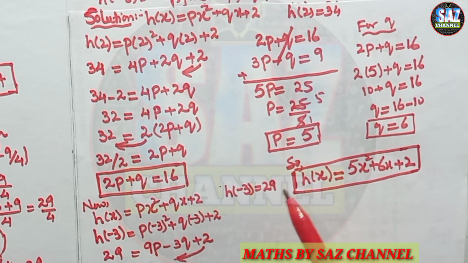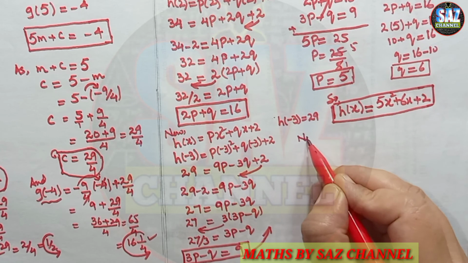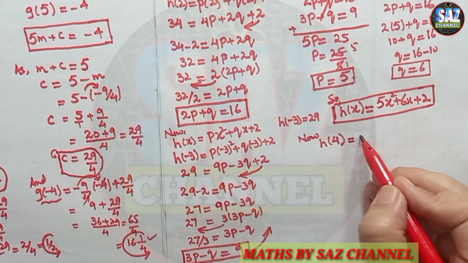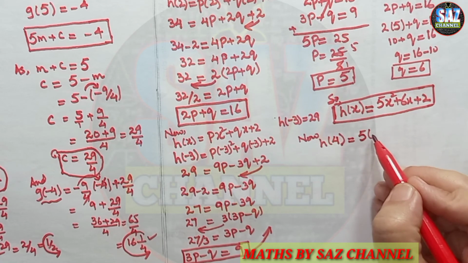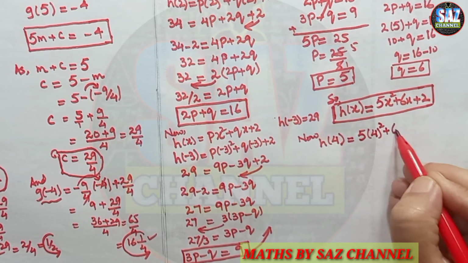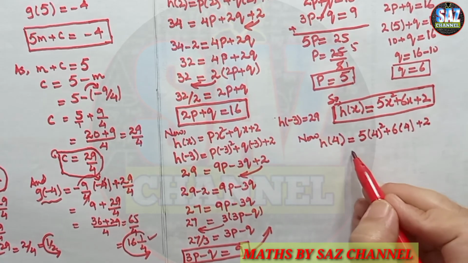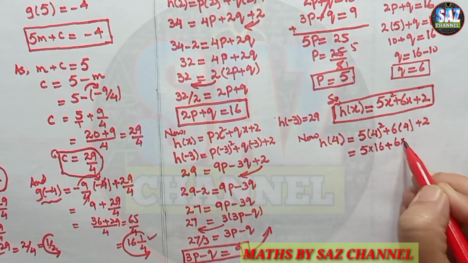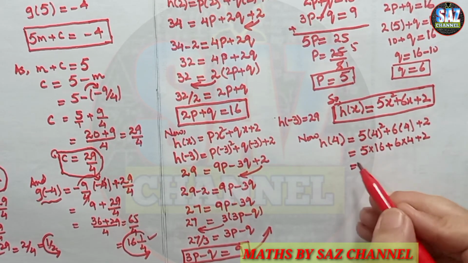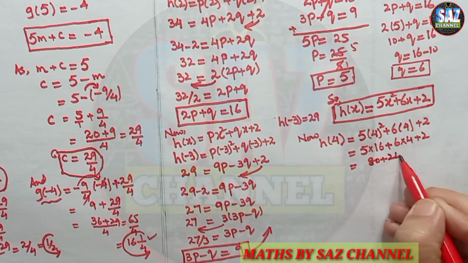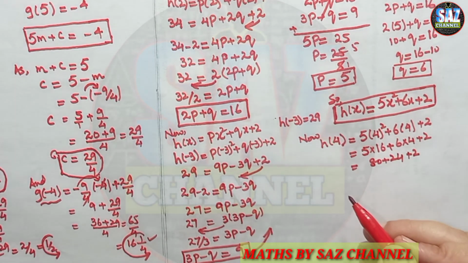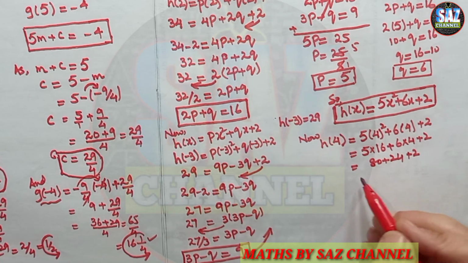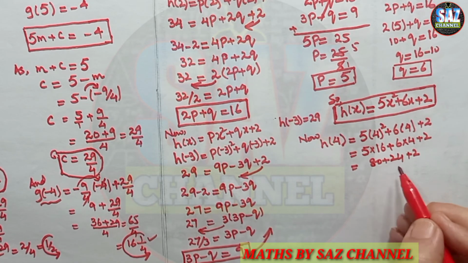Now let's move to the final conditions, that h of 4. Now h of 4, to get value of h of 4, instead of the variable x, I am replacing 4. 5 into 4 square plus 6 into 4 plus 2. 4 square is 16. 5 multiplied by 16 plus 6 multiplied by 4 plus 2. 16 5s are 80 plus 24 plus 2, and this will give me 80 plus 24 plus 2, 106. 80 and 20 is 100, and 4 plus 2 is 6.